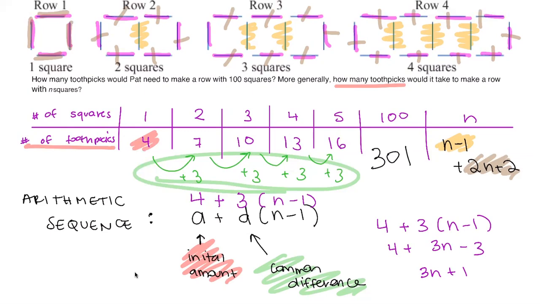Well, n plus 2n is 3n, minus 1 plus 2 is plus 1. So they match. Cool. So these are both directly related. And so that's how you use intuition in one way, and that's how you use the arithmetic sequence. I personally, again, believe that intuition is more impactful and gives for more rich understanding of the content.